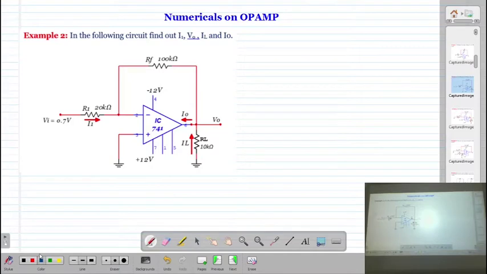What we have to calculate: the current I1, then the current IL, then the output voltage, and then the current in the operational amplifier, that is IO.